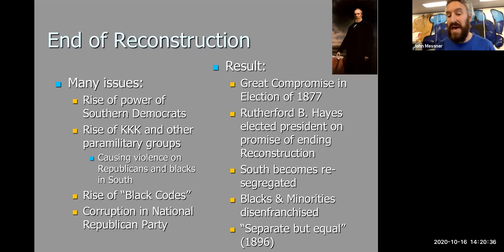And so what ends up happening is two guys run for president in 1876. One is a Democrat who has major support from the South and from some Western states and some of those middle border states. And then we have a Republican candidate, Rutherford B. Hayes, who has the majority of the Republicans in the North and some in the West.